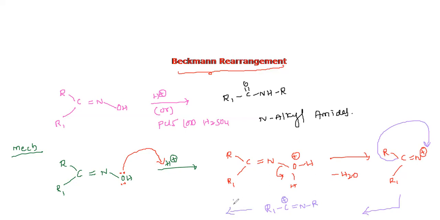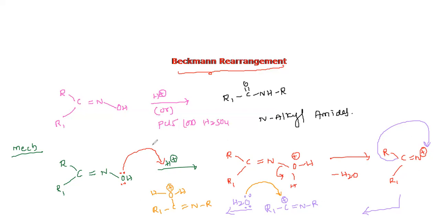Again we treat with water, H2O. Where is the source of water? From the second step, the loss of water. This water molecule attaches to the carbocation. Then R dash, C, OH, H, then double bond NR plus, but it is unstable.